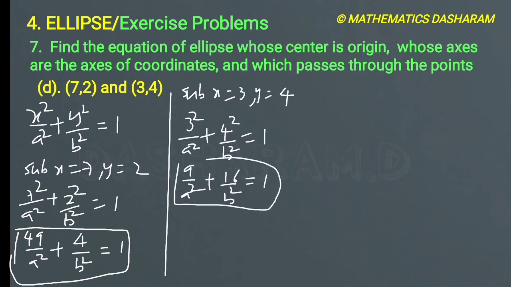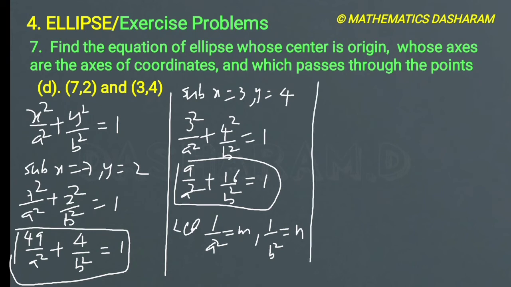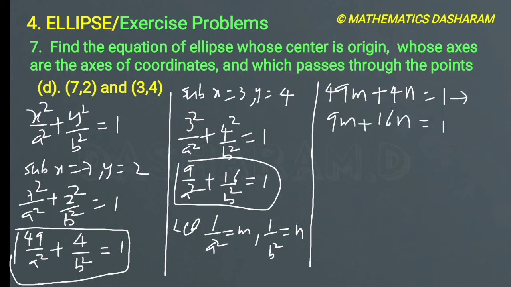In these two equations, let 1 by a square equal m, 1 by b square equal n. Then the first equation will become 49m plus 4n equals 1, and the second equation will become 9m plus 16n equals 1. This is equation 1, this is equation 2.